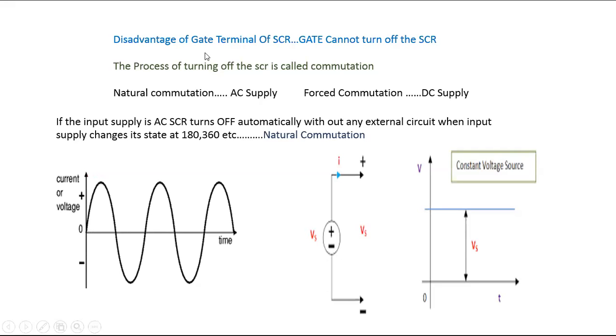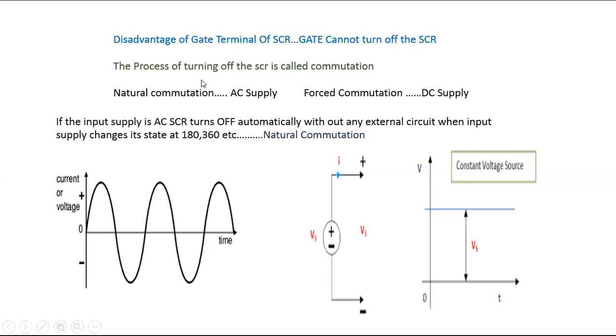Why do we have to turn off the SCR? Because in order to stop the motor or the load, we should first stop the electronic device. So we have different methods to turn off the SCR. What is this first line indicating? The disadvantage of the gate terminal. The gate terminal is used to turn on the SCR but cannot be used to turn off the SCR.